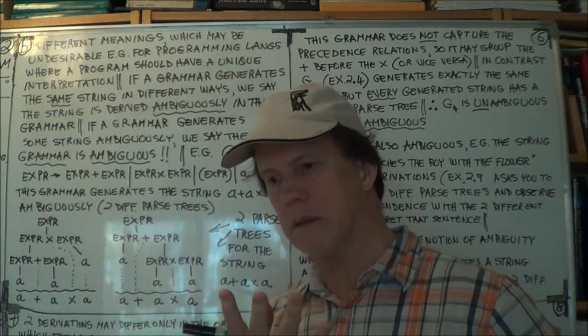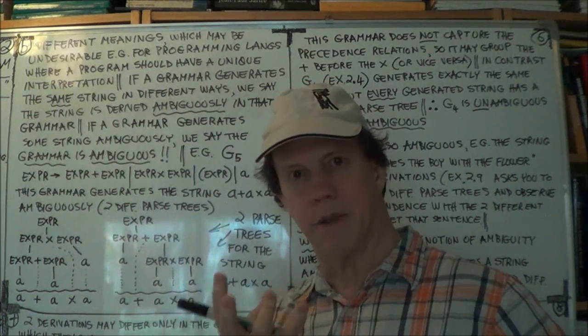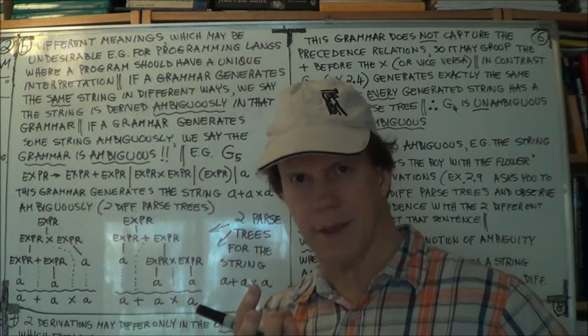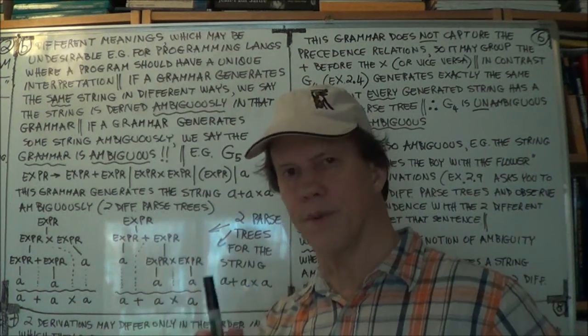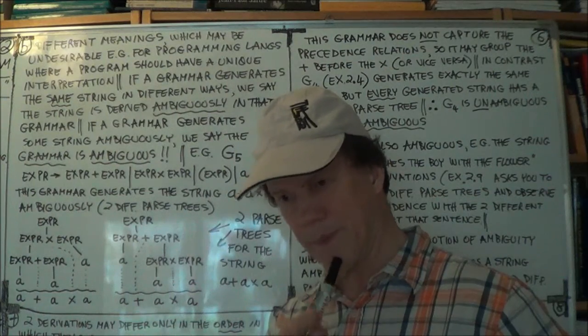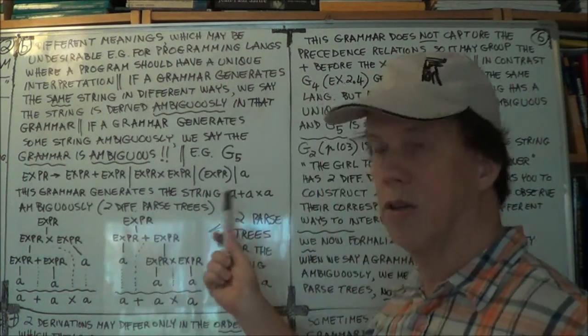Capital V, capital sigma, big R, a set of substitution rules, and the start state. Okay, but you can get three of those four just from the rules. So often in practice people talk about a grammar and they'll just give the rules. Okay, so that's what we're going to do now.